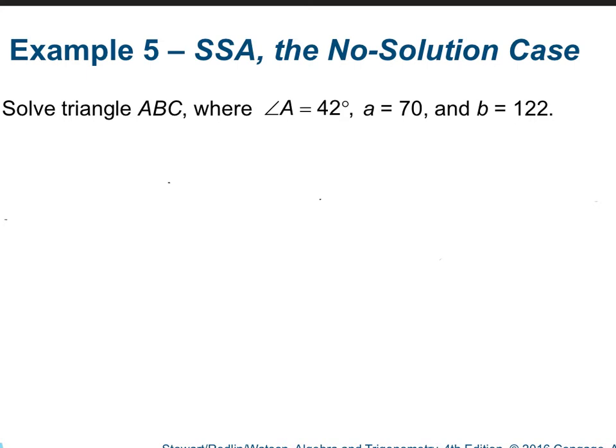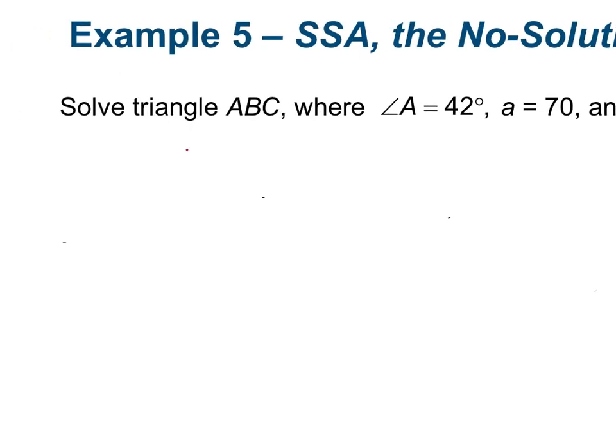So, if we draw ourselves a triangle, angle A, B, C, A is 42 degrees, side length A is 70, and side length B is 122.